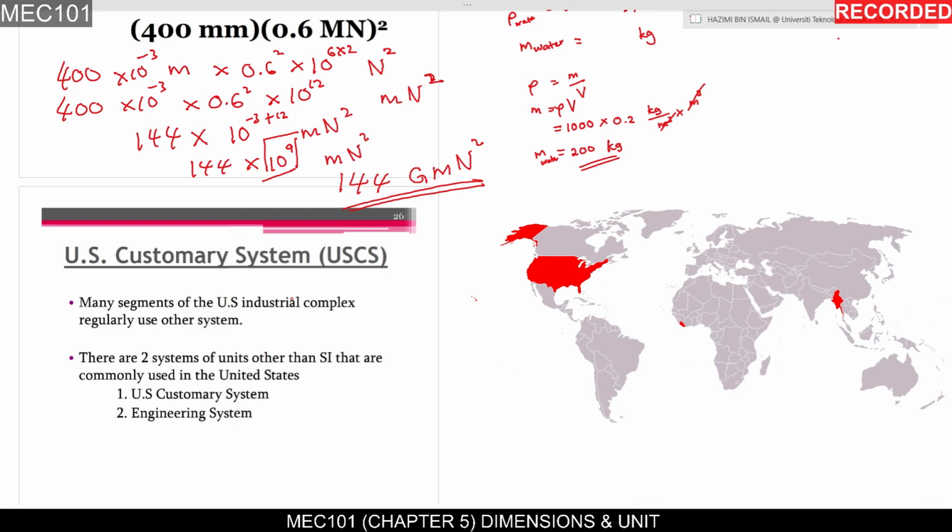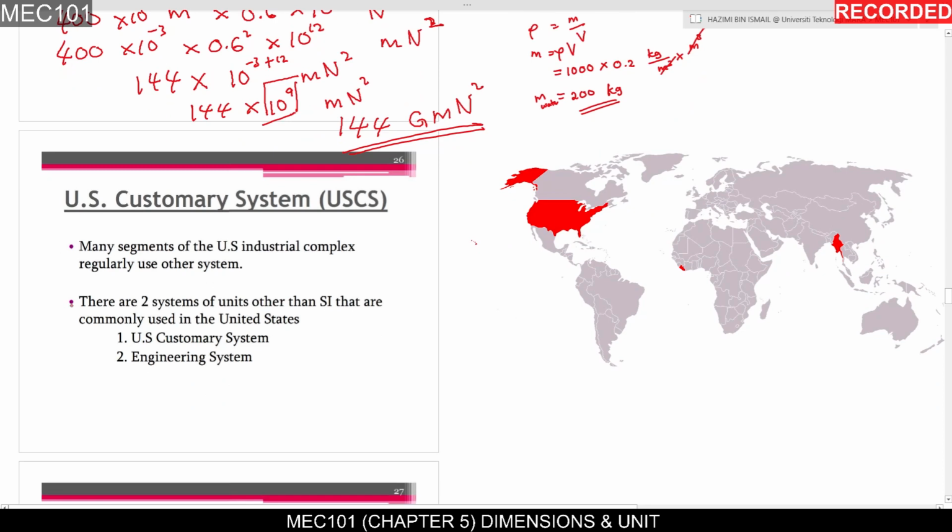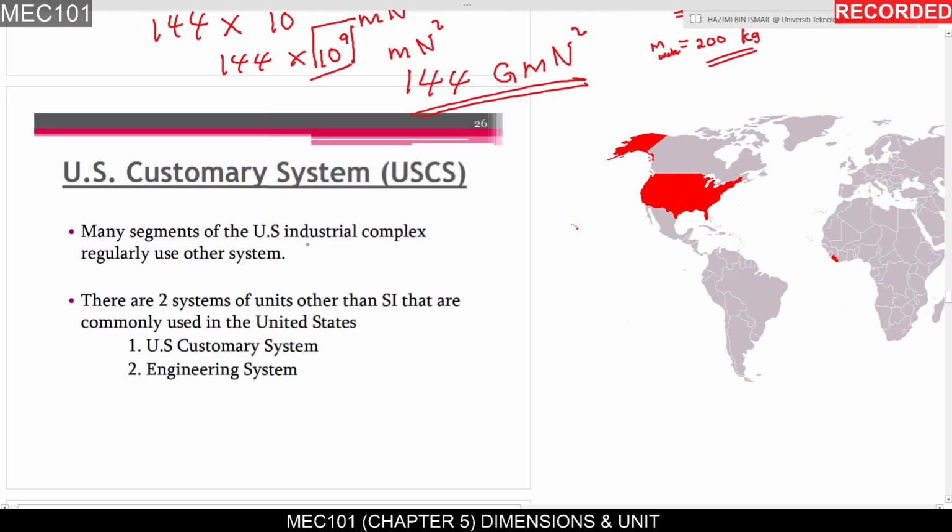Okay, so in the US, many segments of the industrial complex regularly use the system. There are two systems of units other than SI that are commonly used in the United States: the US Customary System and the Engineering System. If you try Googling later, NASA at first used USCS. Then an accident happened where their rocket exploded, and they detected that the problem was in the unit conversions.